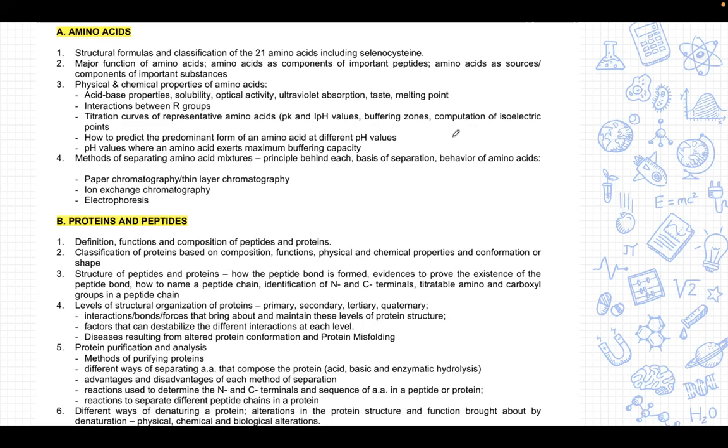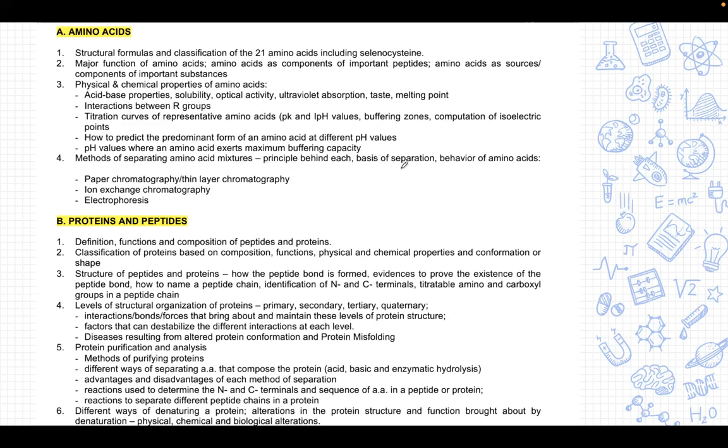Si protein, sila yung talagang parang basic structure ng ating mga different substances sa katawan. Si amino acid, tumutulong lang siya to synthesize those basic structures. And then the physical and chemical properties of amino acids include this. Okay? And then there are different methods and principles on how to separate your amino acid mixtures.